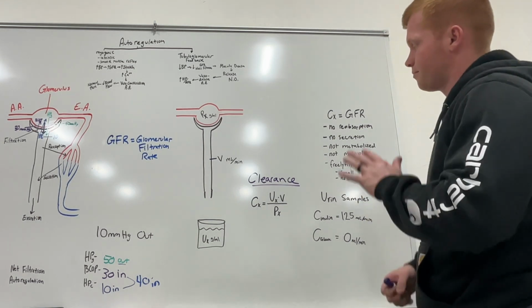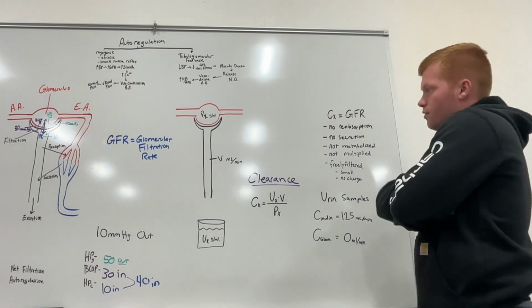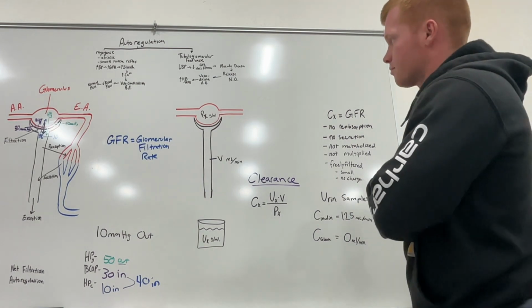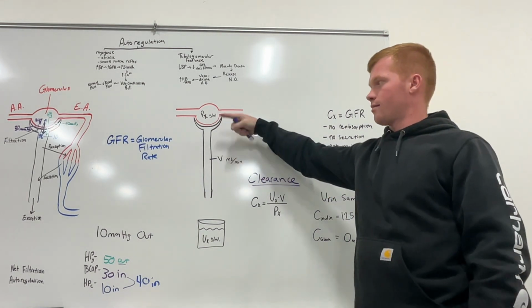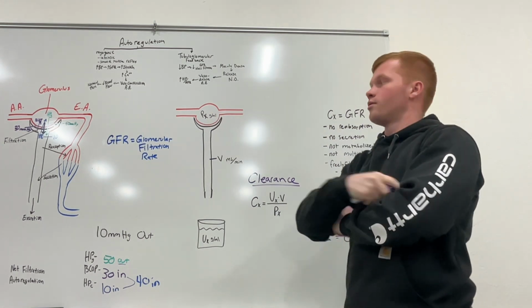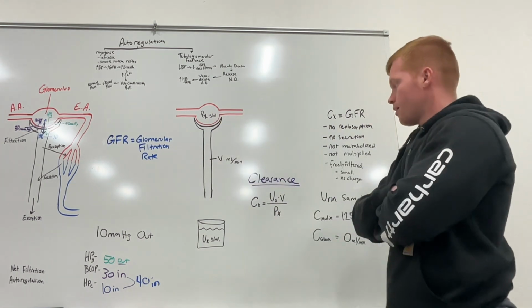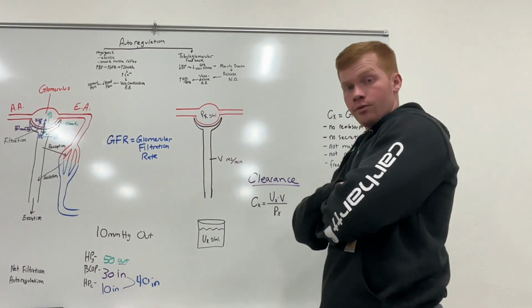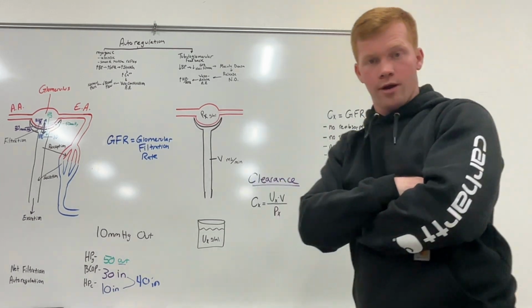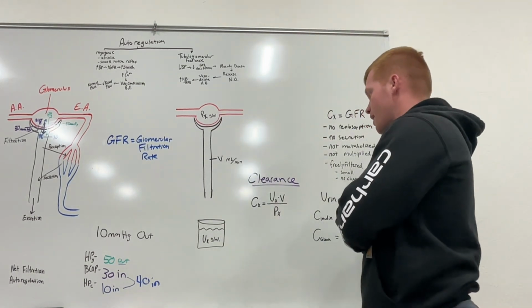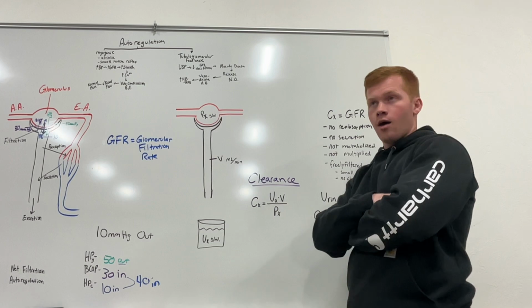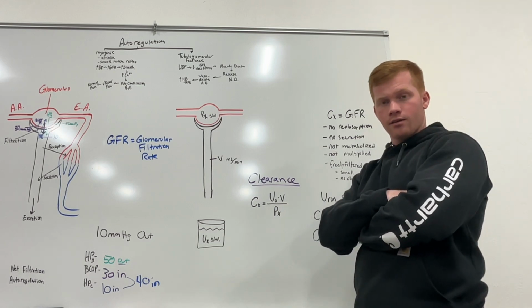Let me recap. The glomerular filtration rate is the rate that stuff is being filtered through this membrane. Clearance is a technique we use to measure glomerular filtration rate, and that gives us a number of how much of a substance was cleared from the blood.